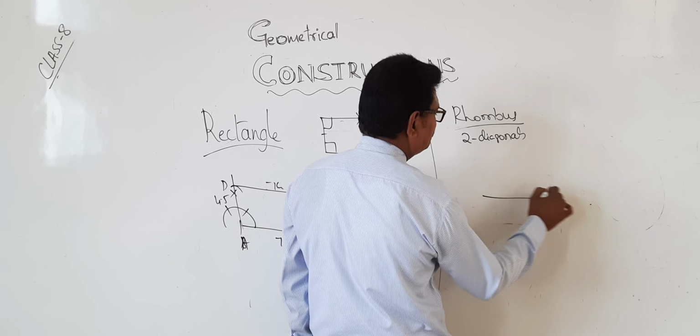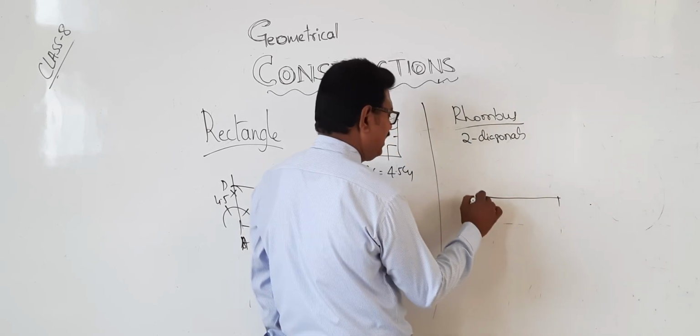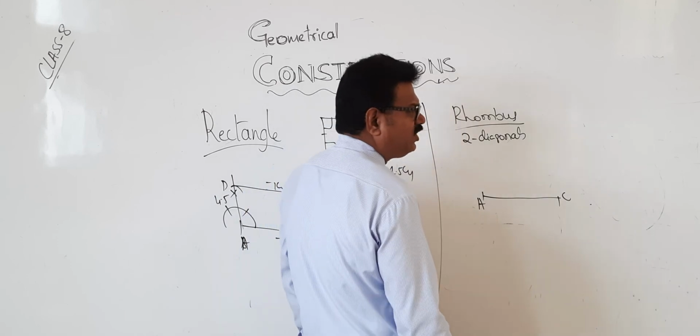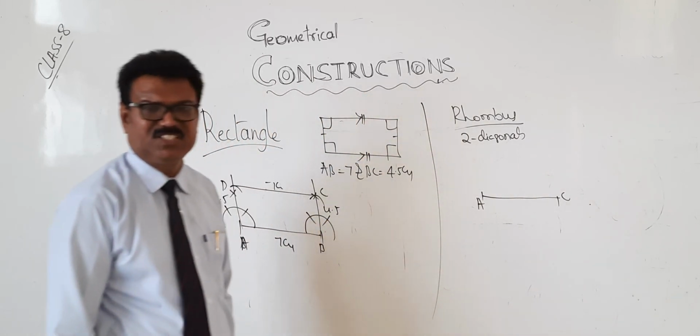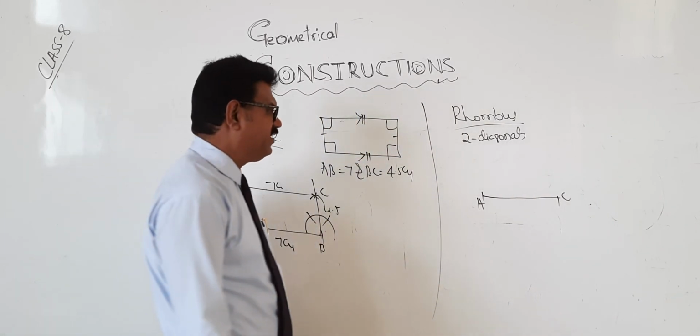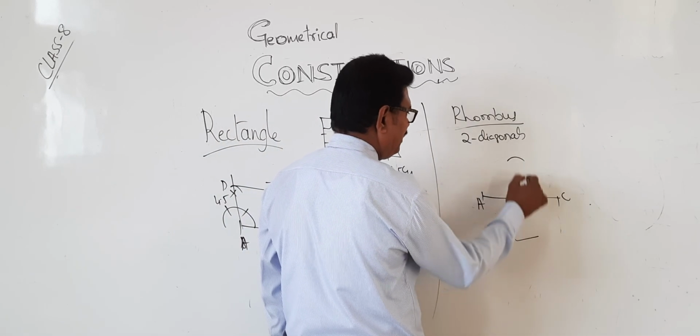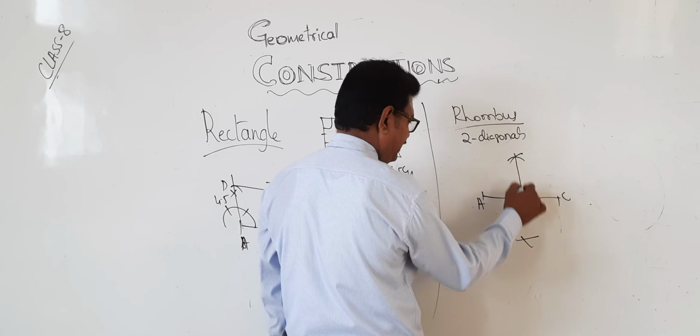How? First you draw one diagonal. We know that the two diagonals bisect each other at right angles. Very simple. Now you bisect.